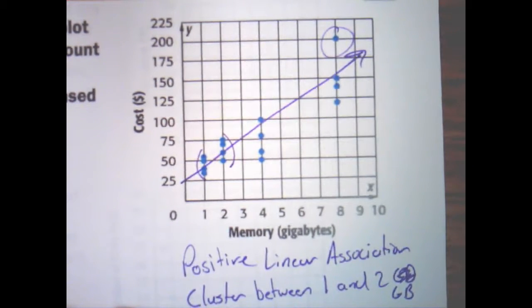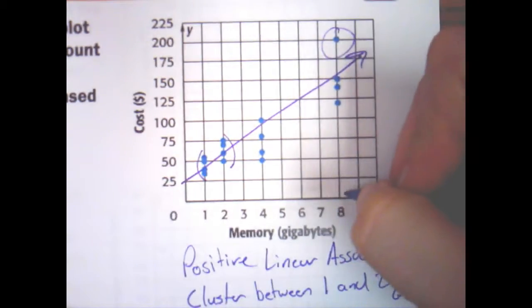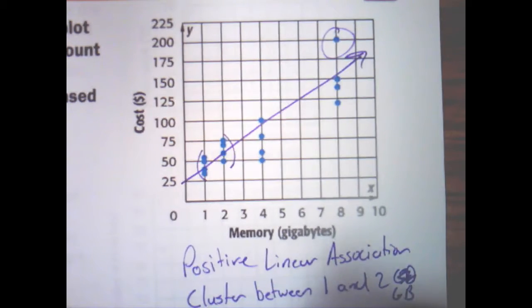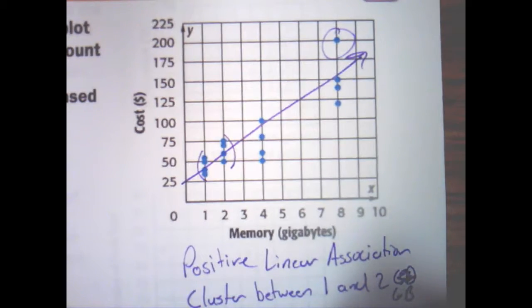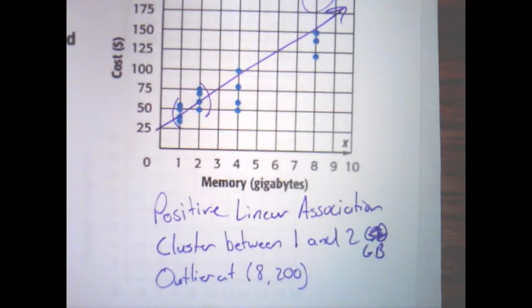I would consider that one to be an outlier. Outlier at, and we can just name the point, 8, 200. Okay, 8, 200. So to effectively interpret a scatter plot, you want to tell me the variable association, you want to tell me the linear association, and identify any clusters or outliers.